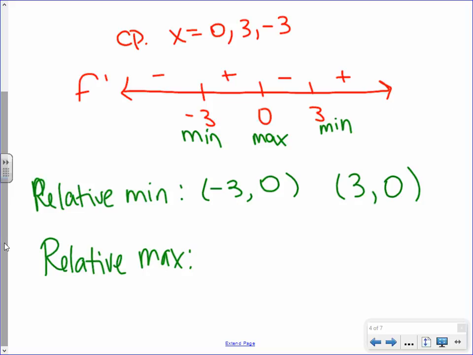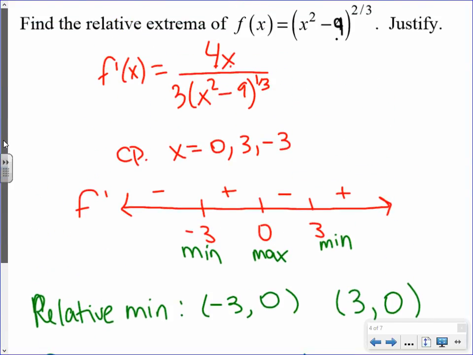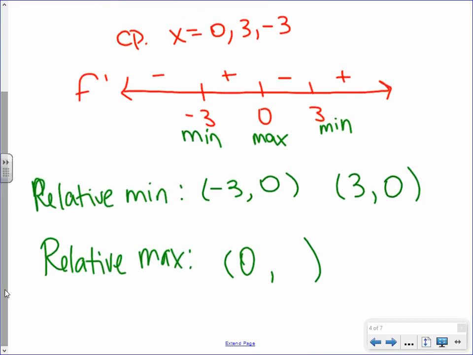Then we have a relative maximum at x equals 0. When we plug in 0, we get negative 9 to the 2/3.